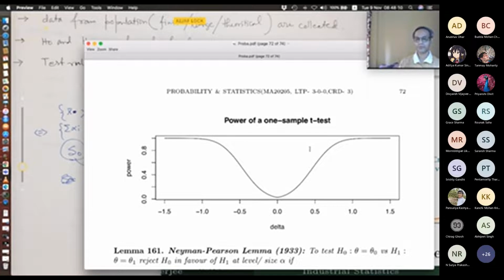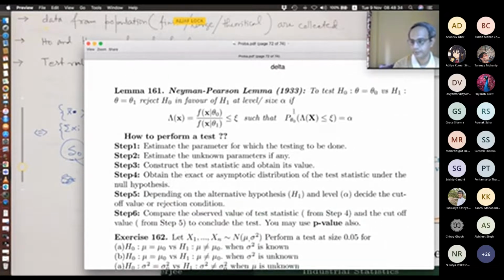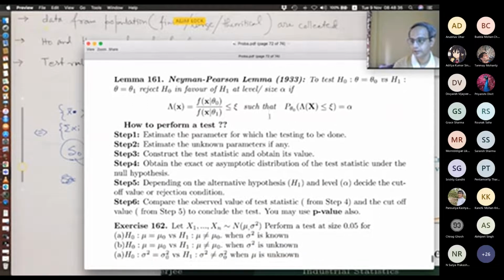But if it is one-sided, mean 0 versus mean greater than 0, this U-shape will not be there. You will get only one half of it, either on the greater than side or on the left. So that is how the power curve will behave. Now let me give you an example; I will come to this lemma later on.